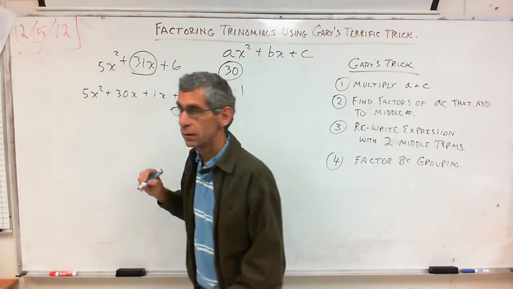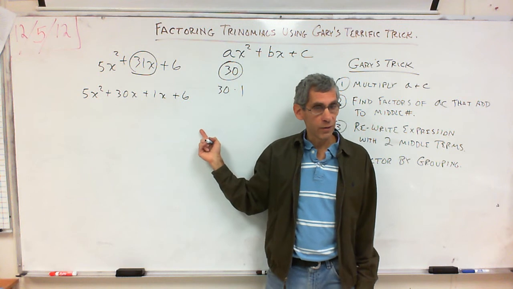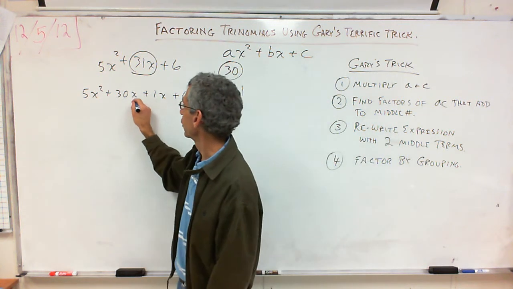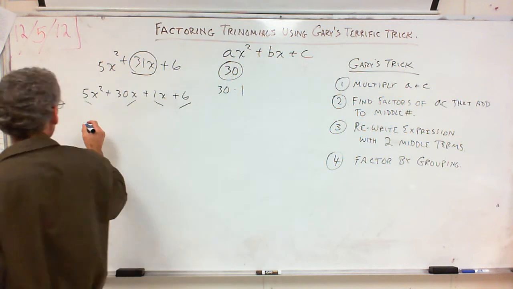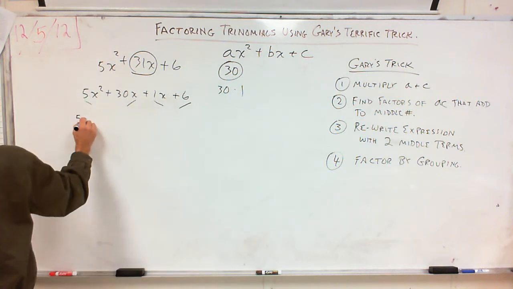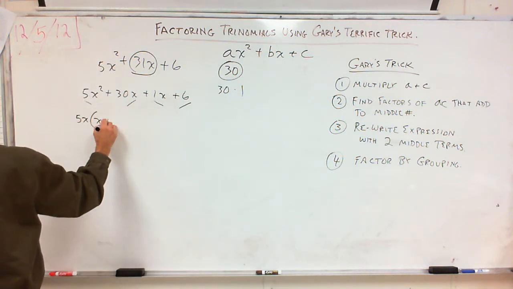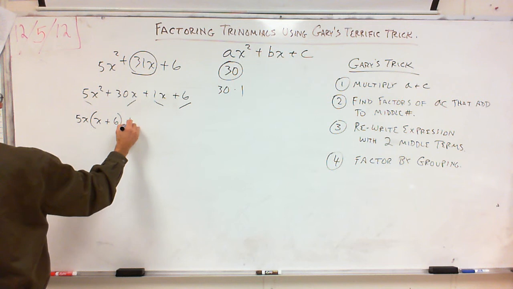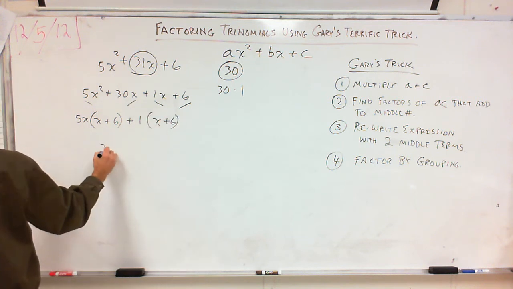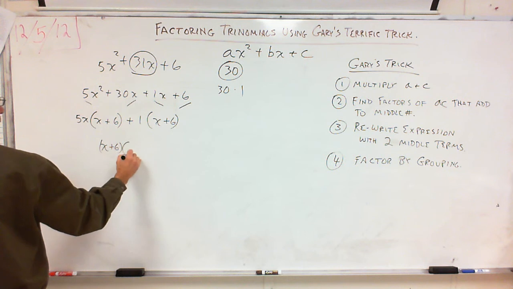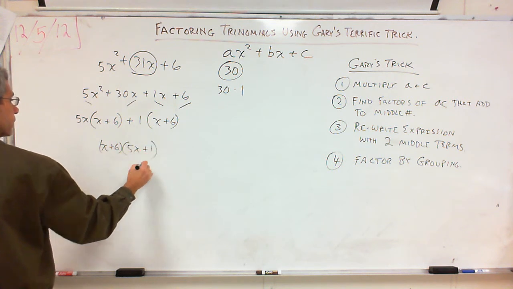Now what do I do? Four terms, factor by grouping. So I'm going to group these two and group these two. 5x times x plus 6, plus 1 times x plus 6. So my final answer is x plus 6 times 5x plus 1.